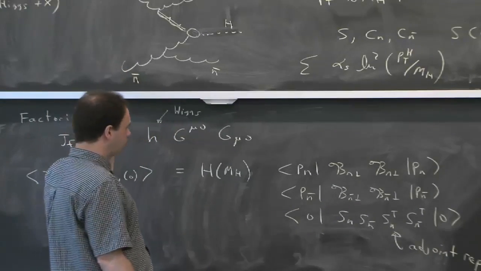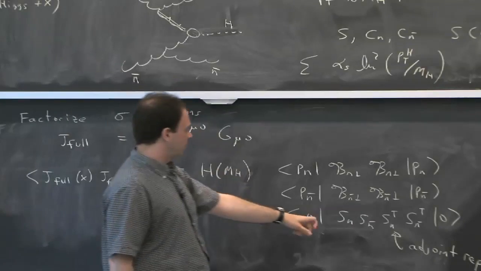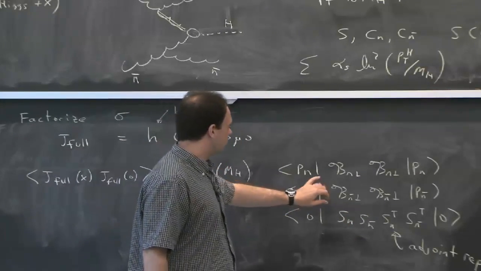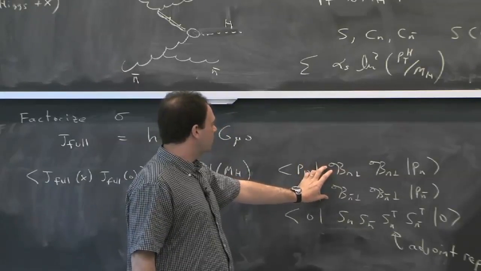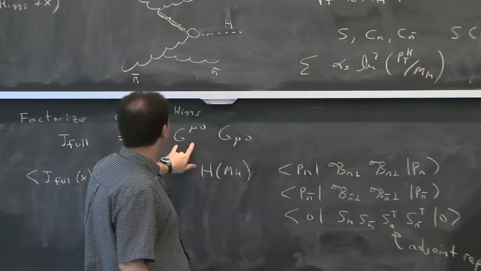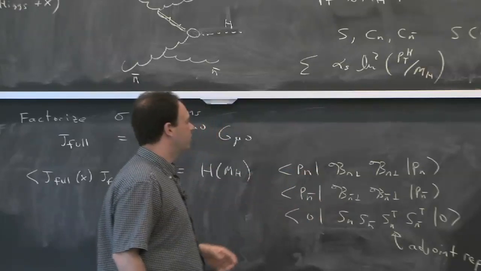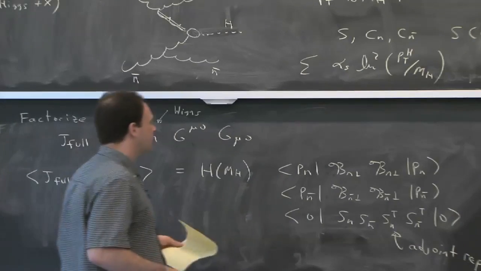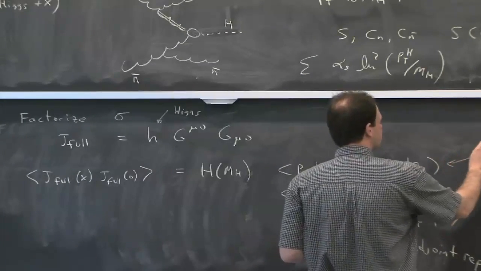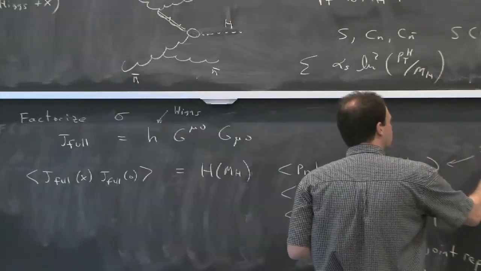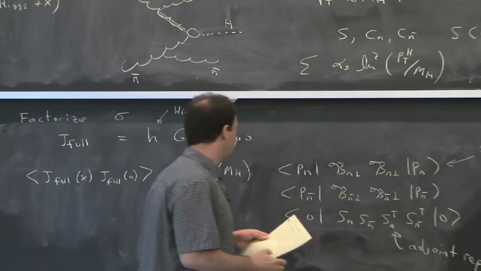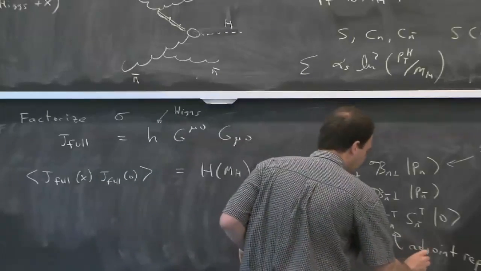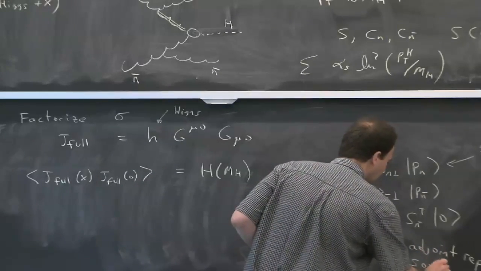So when you go through the field redefinition, you would get adjoint Wilson lines for the soft if you went through an SET1, for example, picture. The G mu nu here would become the perpendicular polarization of the gluons. So these things here are going to give gluon PDFs. Basically, you have a factorization theorem that involves gluon PDFs, a soft function, and a hard function.